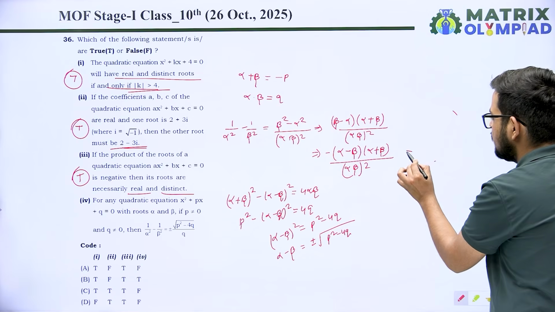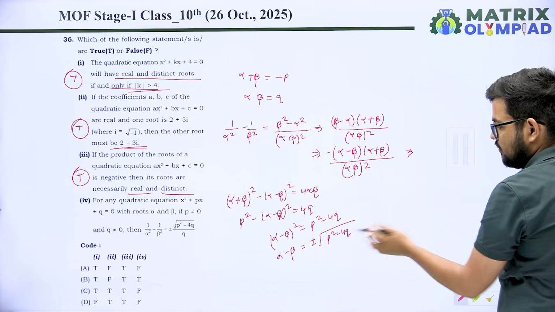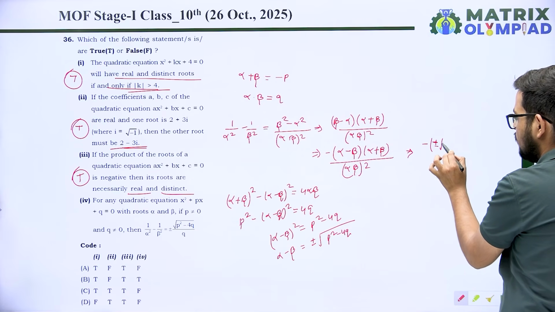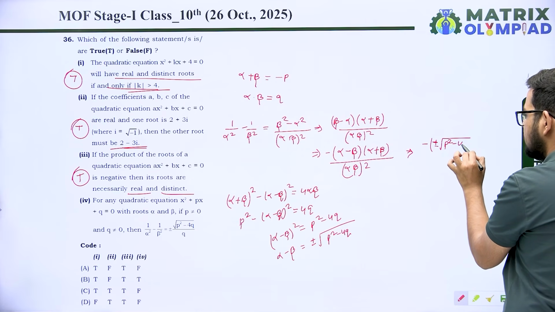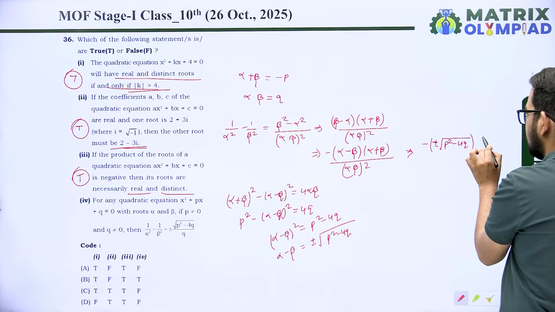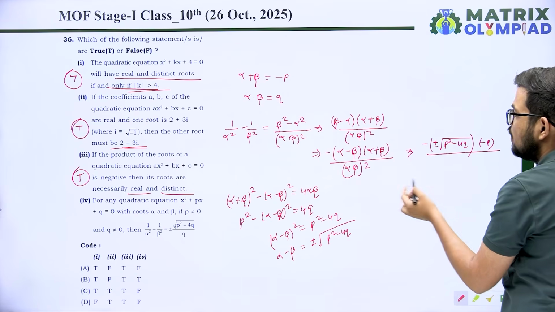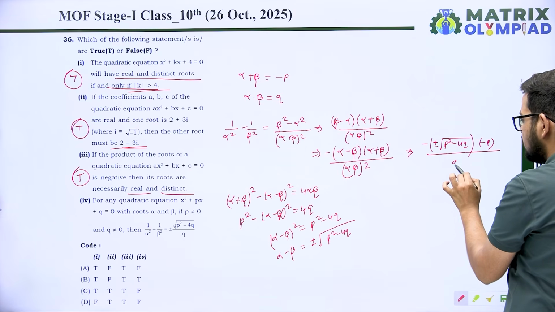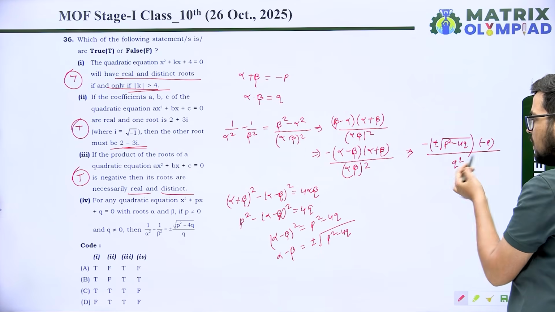When you substitute here, you will get minus of plus minus root p square minus 4q into alpha plus beta, minus p, upon alpha dot beta whole square, where alpha dot beta equals q, so alpha dot beta square will be q square.